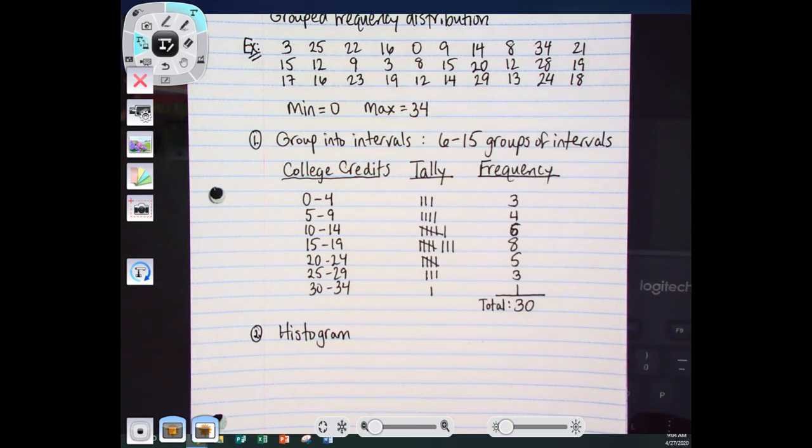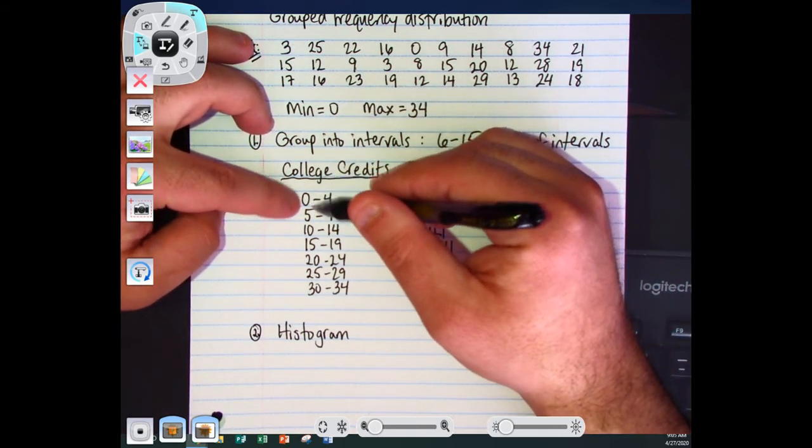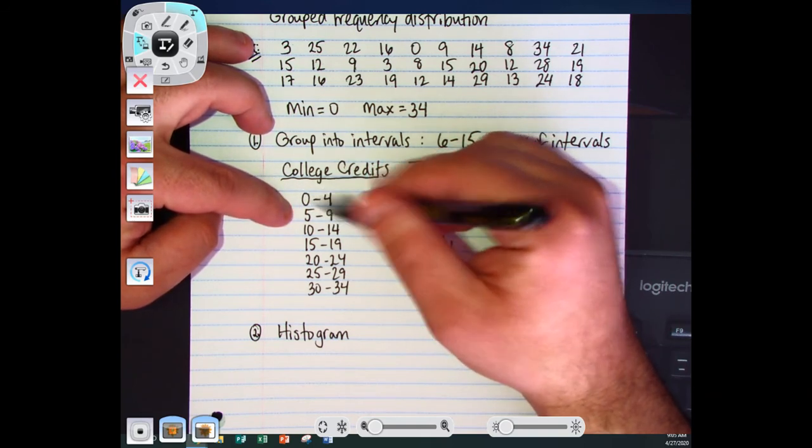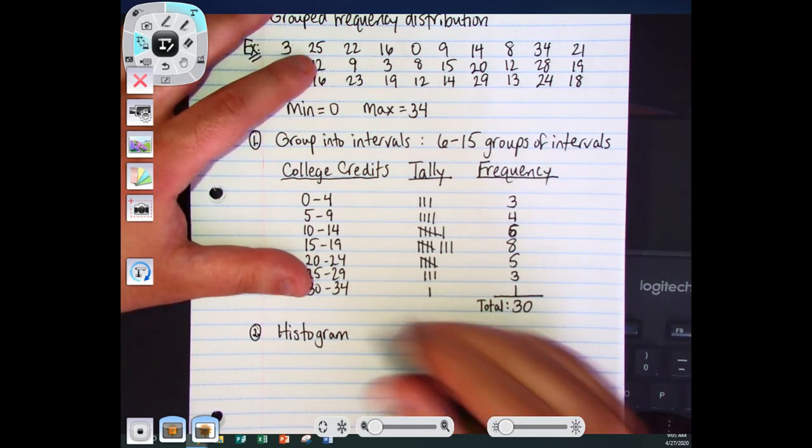So normally we would do 0 to 4 and go from there, but in this case we're going to approach it a little differently. Here, to create a histogram, I'm going to find the midpoint between two intervals, and I'm going to use it.